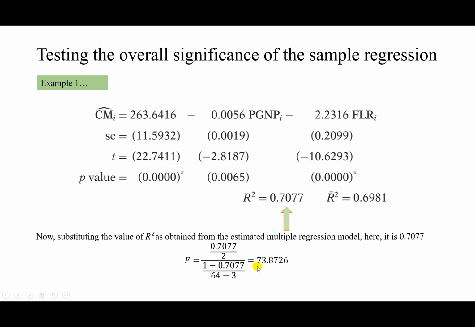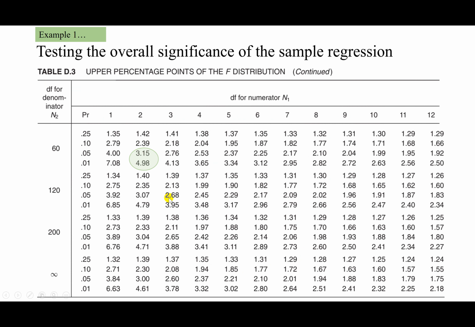After simplification, we'll get the F value equal to 73.8726.